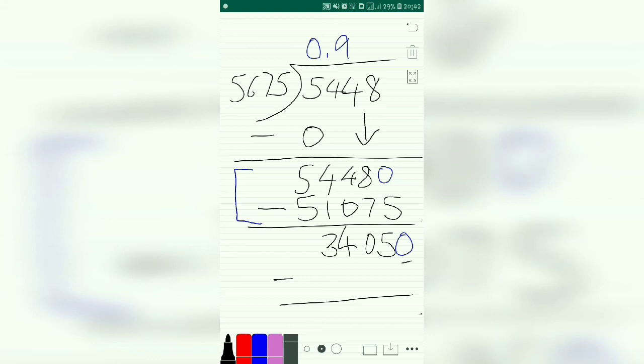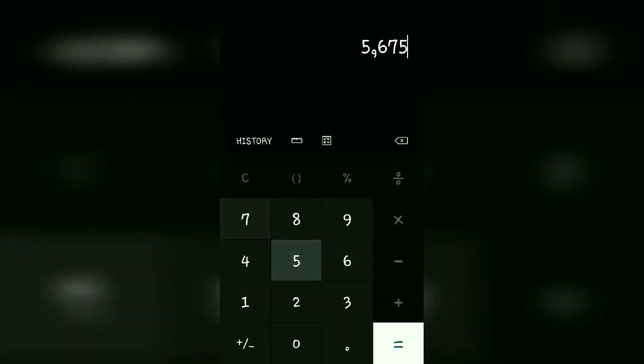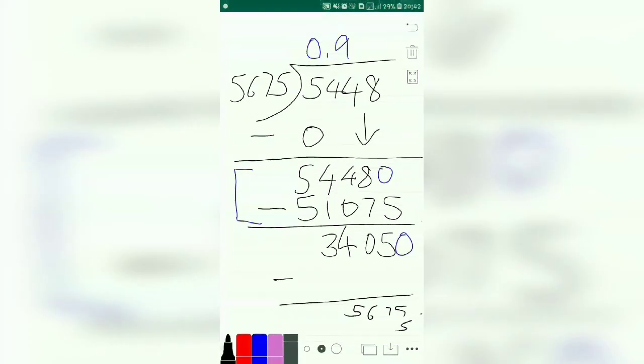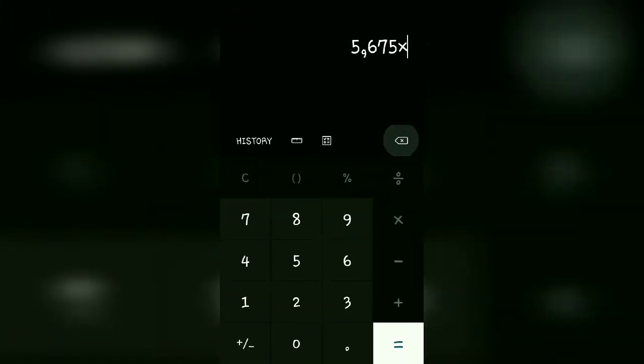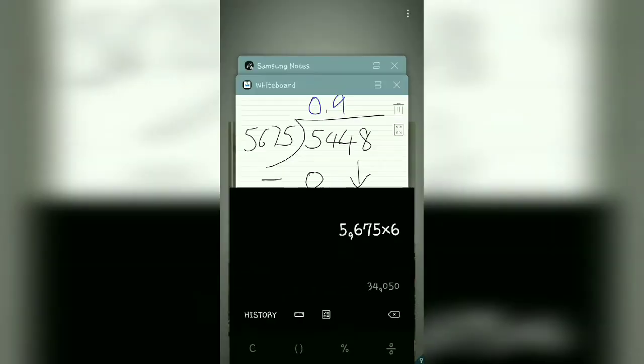Now we can see that the last number here is 0 and here is 5. So let us try something with 5675 into 5. 28375. Let us try it with 6, whether it gives a closer number from this. No, the number gets bigger and we don't want that.